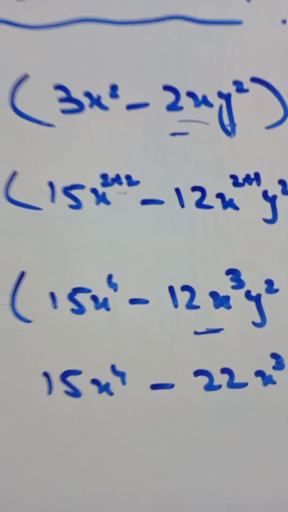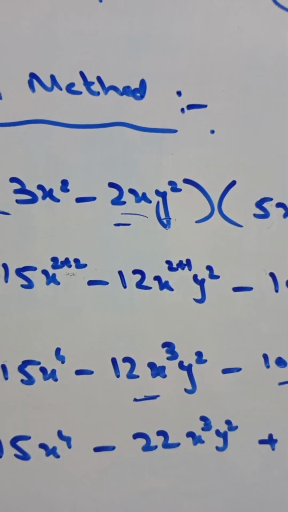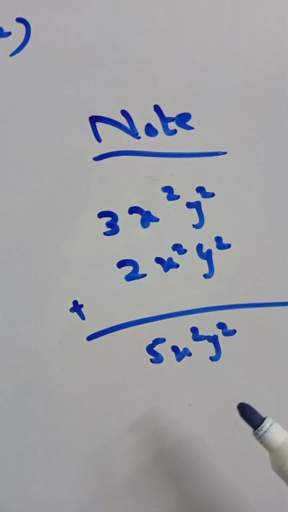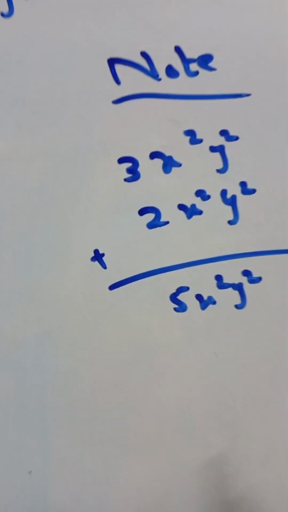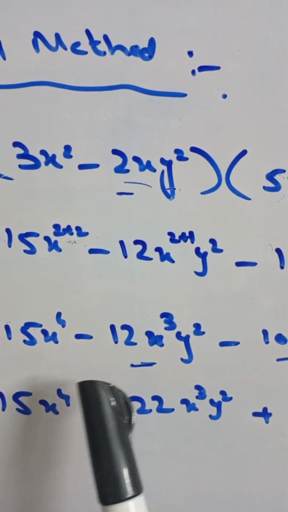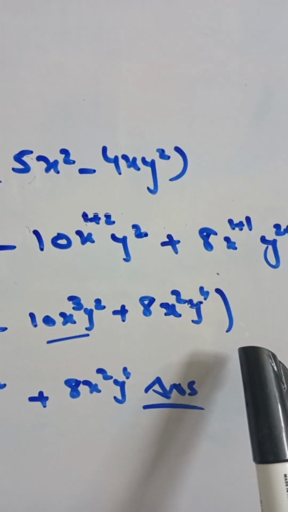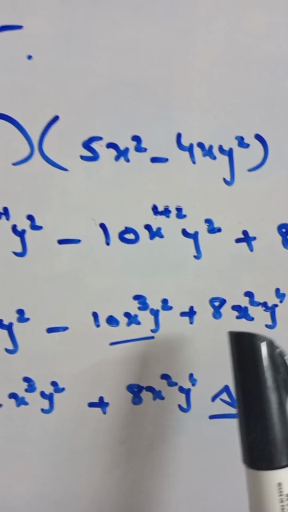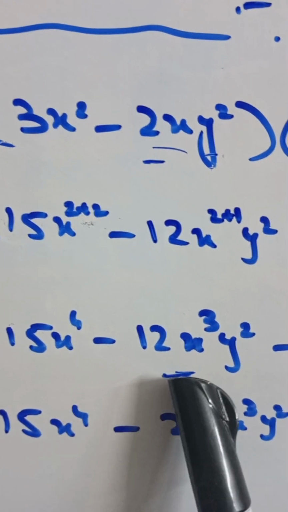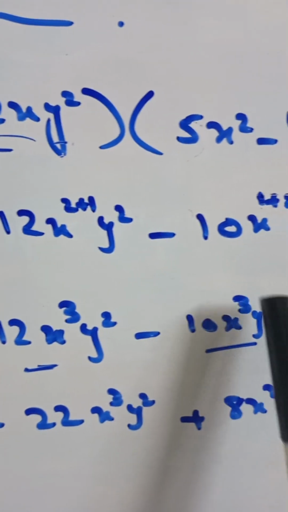I have told you before starting this session, you must remember that same variables, same powers can easily add. Now 15x raised to power 4. Do we have another x raised to power 4? No, we have y raised to power 4, but we don't have x raised to power 4. So this will remain same. Now next, minus 12x cube y square minus 10x cube y square.